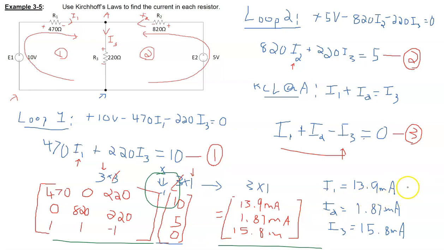And we have, again, I1 at 13.9 milliamps, I2 at 1.87 milliamps, I3 at 15.8 milliamps. And of course that satisfies each of our equations 1, 2, and 3 if you check the numbers.